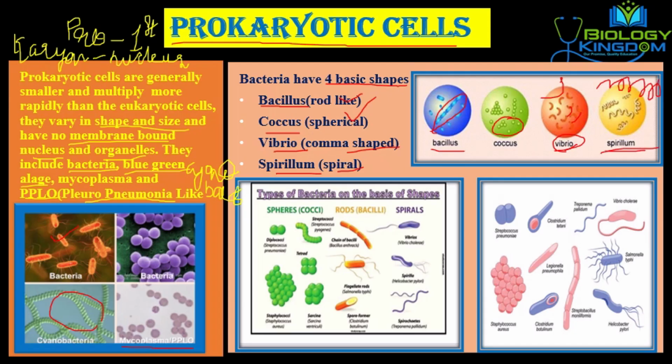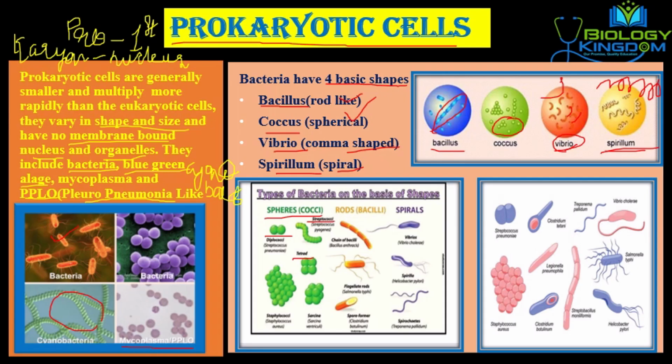Coming to a detailed discussion of their shapes, we have spheres, that is streptococci and diplococci. Based upon the number of cocci attached, we have their names. If it is a tetrad, then it is streptococcus.